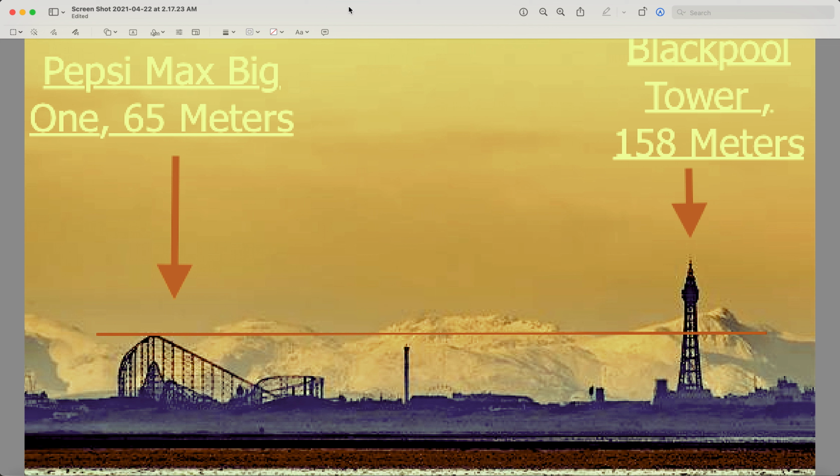Here we have in Blackpool, from that famous Blackpool Tower photograph, the top of the Pepsi Max roller coaster here is 65 meters. The top of Blackpool Tower is 158 meters, right? There's only like 2 miles between them. That's an optical drop, an optical phenomenon.